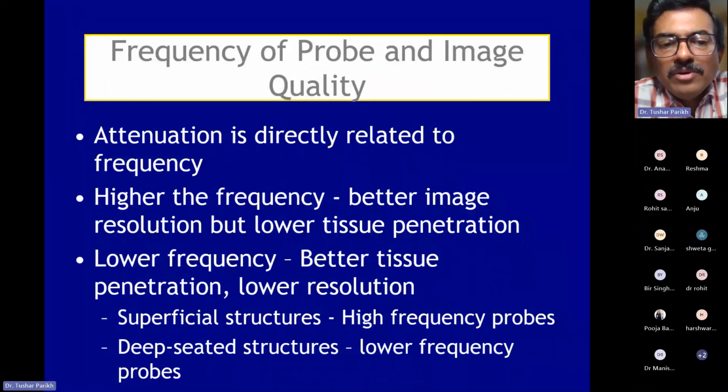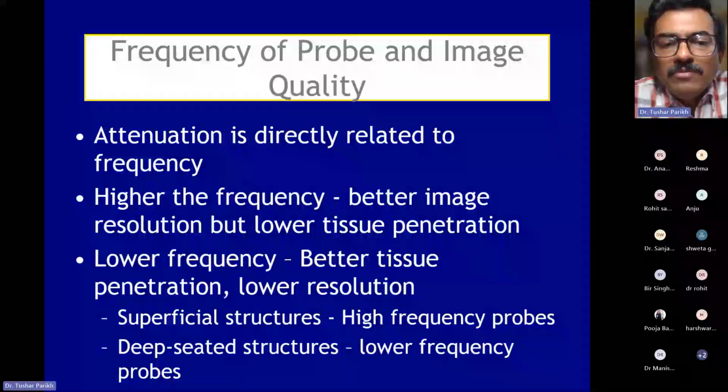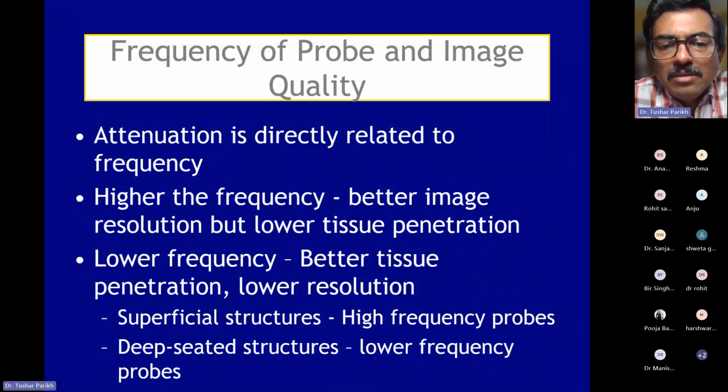As against that, if you have a lower frequency such as 2, 3, 4, 5, these probes will have better tissue penetration, but the resolution or image quality may not be so good. So for superficial structures, as a rule, we use a high frequency probe, and for deep seated structures, we use a low frequency probe.